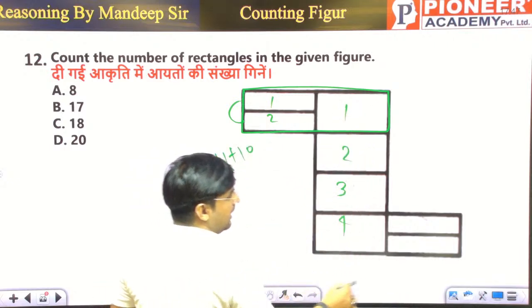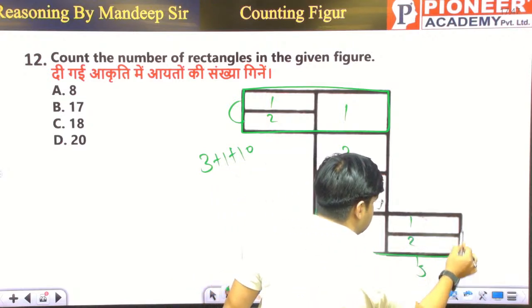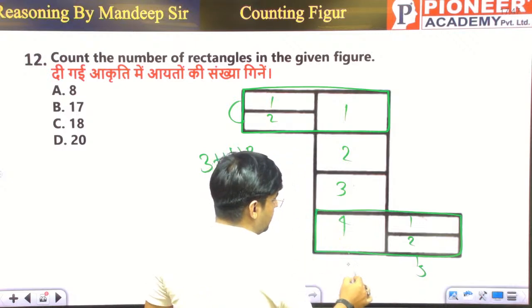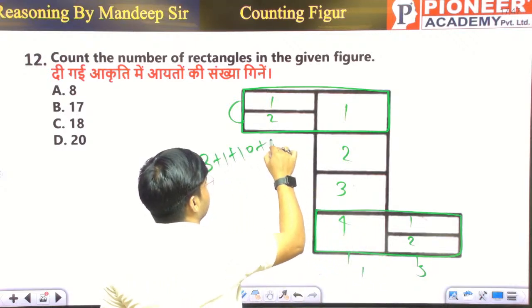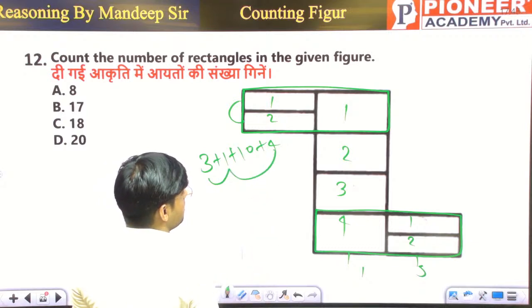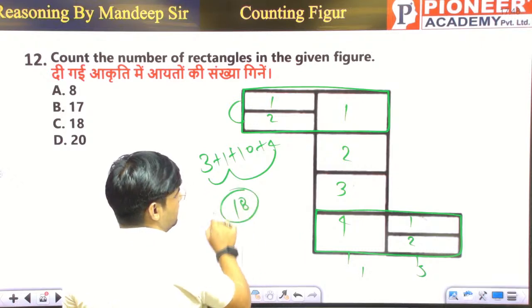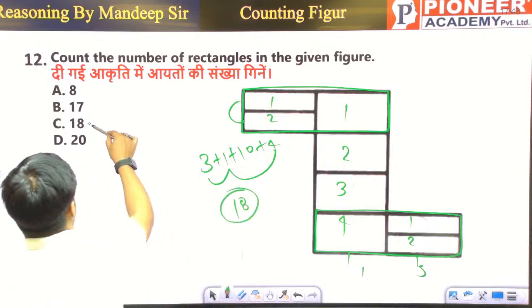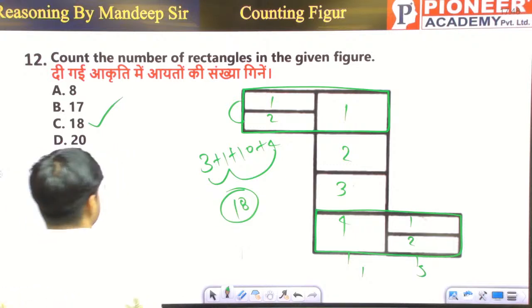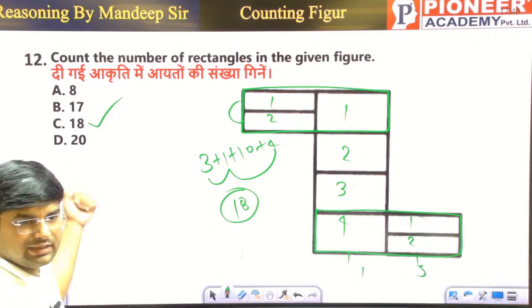There are 10 and 1, 2, 3 and bigger image. 3, 1, 3, 1, 4, 4, 4, 18, 8 plus 10, 18. There are 18. 18 is the correct answer.